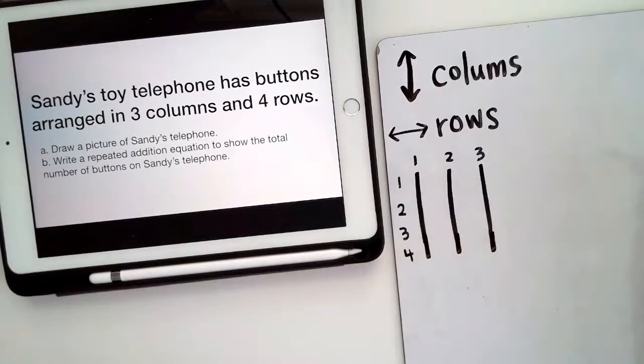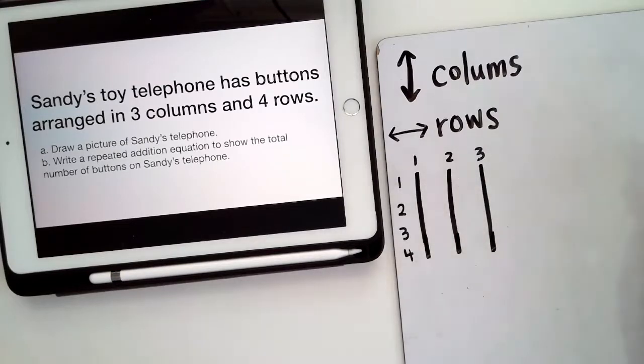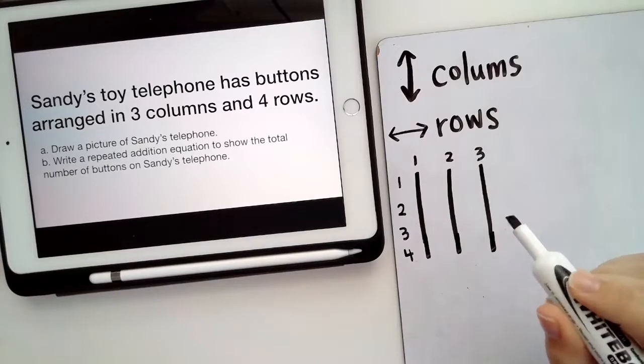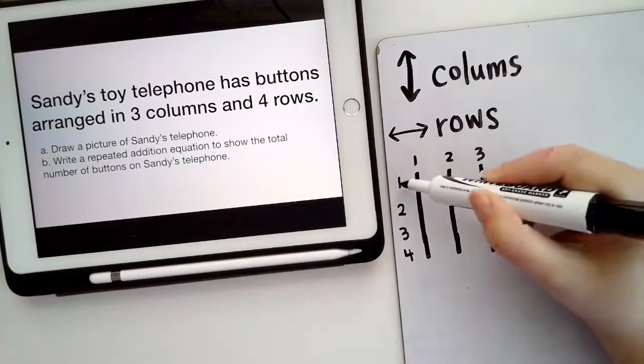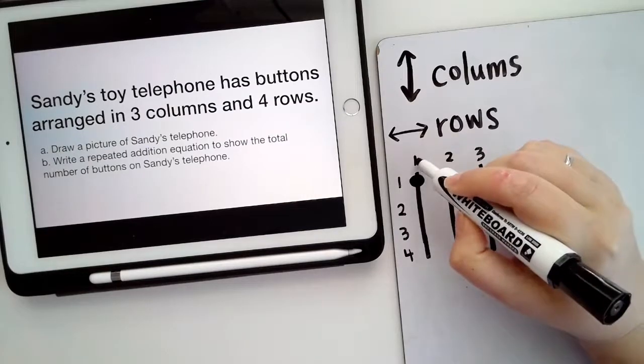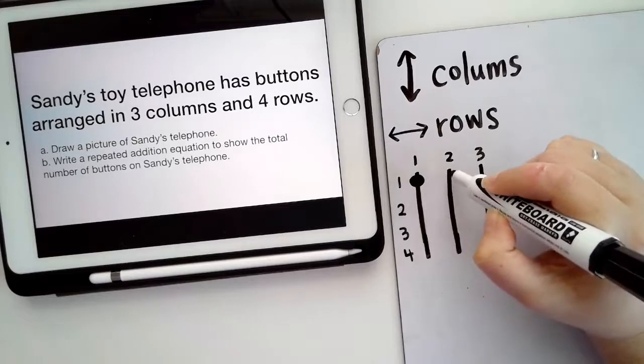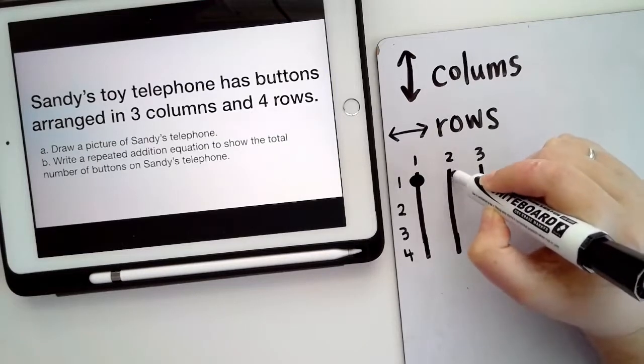Okay, so now I know this is the arrangement of the buttons. I'm going to draw my buttons as black circles, okay? So this is 1 row. I'm going to have a button here, because it has to be the top of this column, and the row has to keep going, and I need a button for the top of this column, so this is my other one.